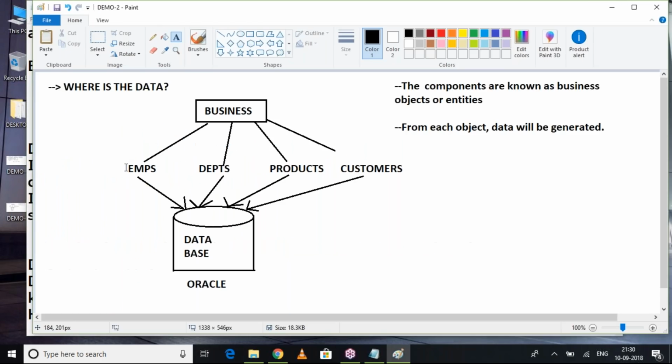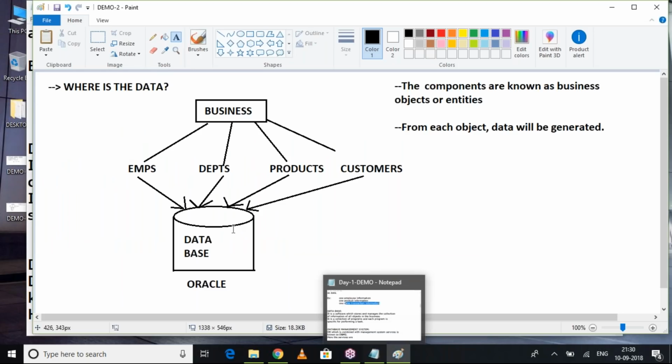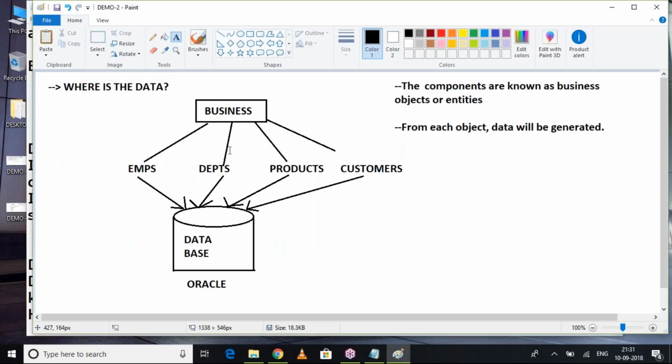So the information of all entities or objects within the business, saved at one place, is known as a database.